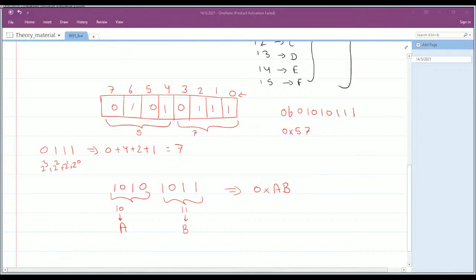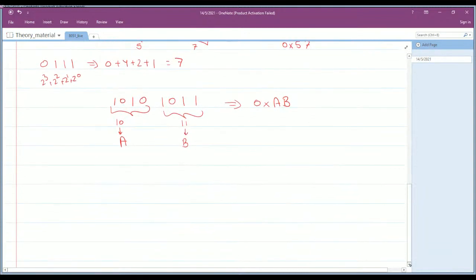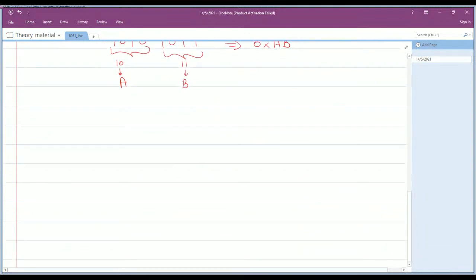I hope that is interesting, and it will be easier to understand. So this was the very basic understanding of the number system which we will be using throughout the programming part, and you should know about it.